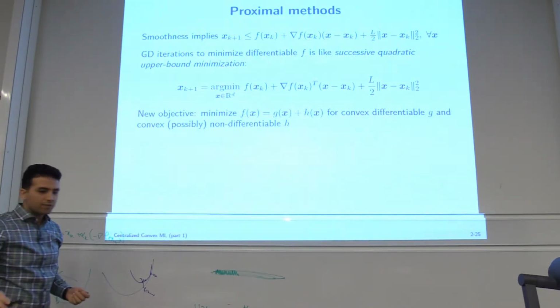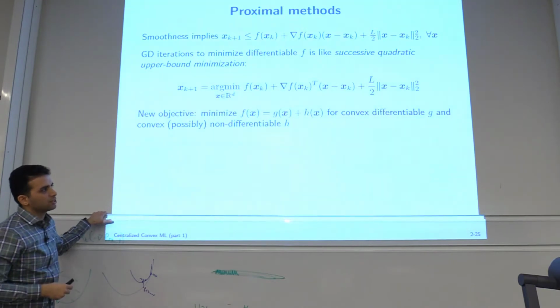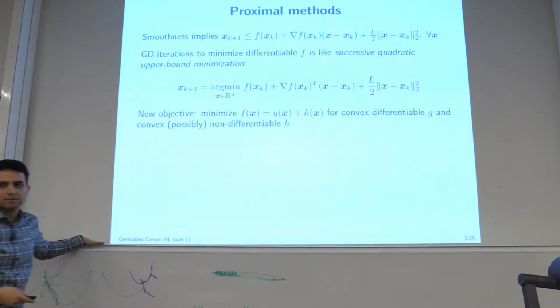For instance, one example is a norm 1 regularizer, a sparse regularizer like Lasso, which is not differentiable, plus some loss function. So this can be your non-differentiable, even non-smooth regularizer, and that can be your very good objective function, well, loss function. Then how do you handle that?